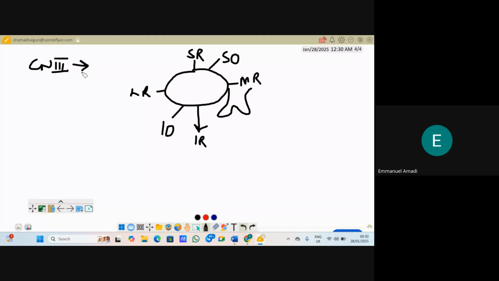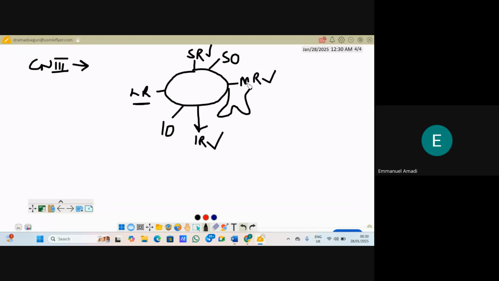And there's a simple way I want you to remember those four. Just know that it does all the rectus except for the lateral rectus. If we look at it, we have four rectus, so if it does all the rectus apart from the lateral rectus, it does three: the superior rectus, inferior rectus, and medial rectus.